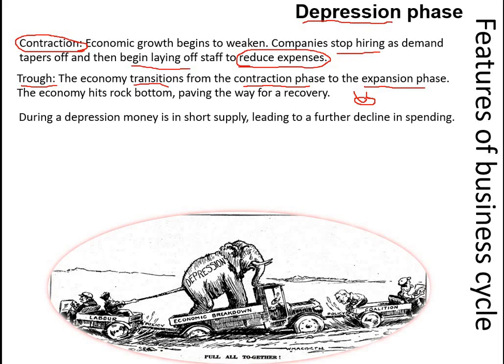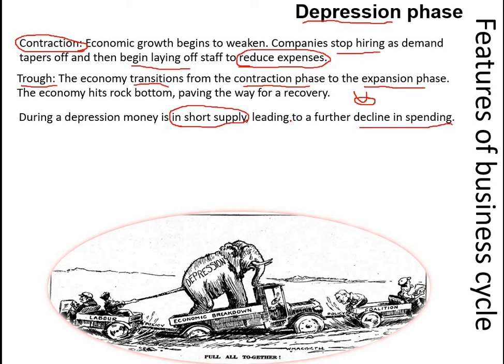It is cold. It's hectic. So during a depression, money is short in supply. Now, if there's no money, then you cannot spend. Usually when there's short supply, usually in depression as well, we can talk about the issue of hyperinflation. Talk about the issue of stagflation. They can also take place in this particular depression phase.